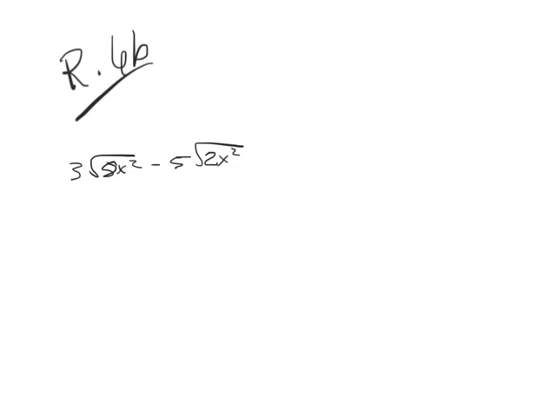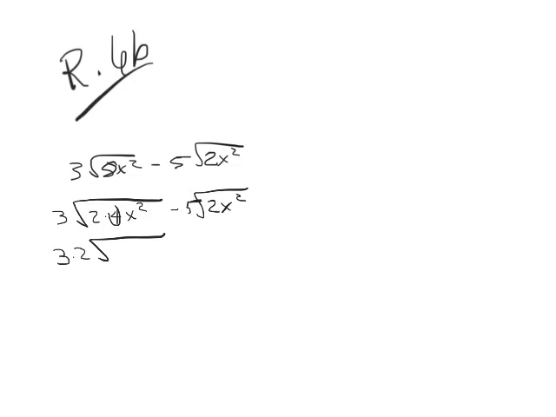If you remember from last lesson, we find two numbers multiplied together that give us 8, but we can take the square root of one of the numbers if possible. So that gives me that, and I didn't really do anything to 5 square root of 2x squared. Okay, so we can pull that out. Square root of 4 is 2, so we have 3 times 2 now. And we have 2x squared minus 5 square root of 2x squared there.